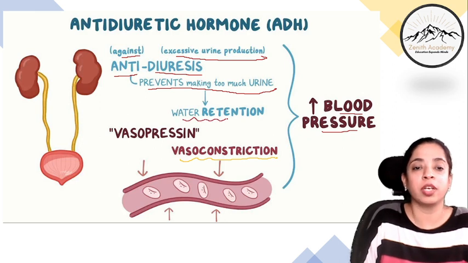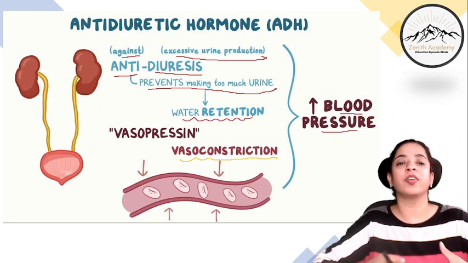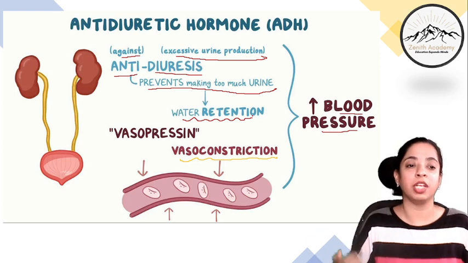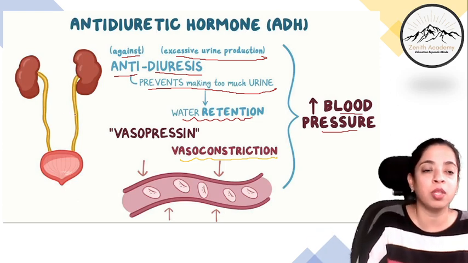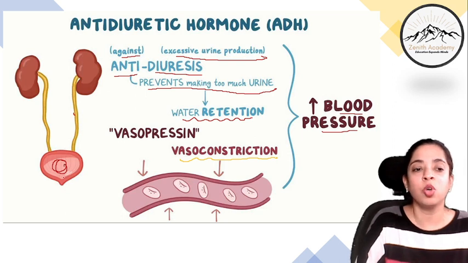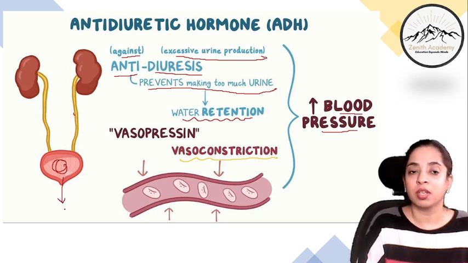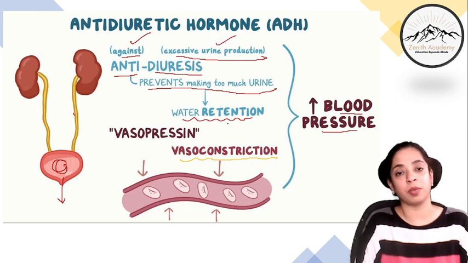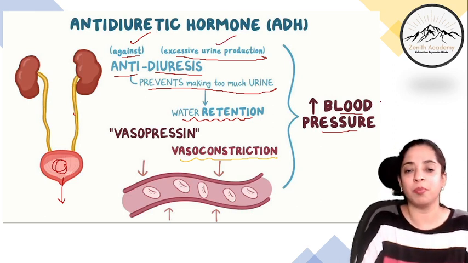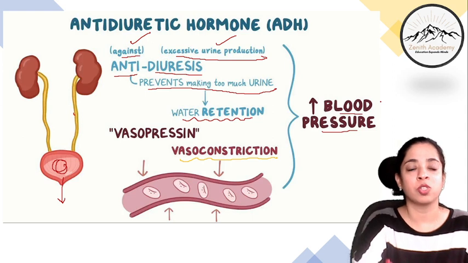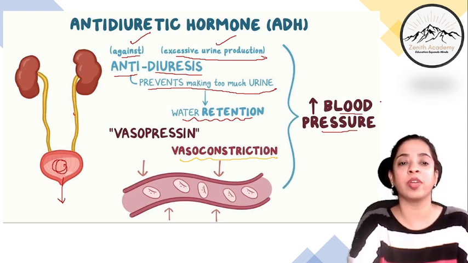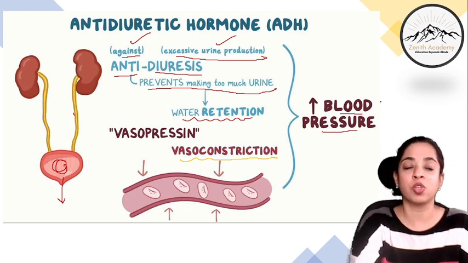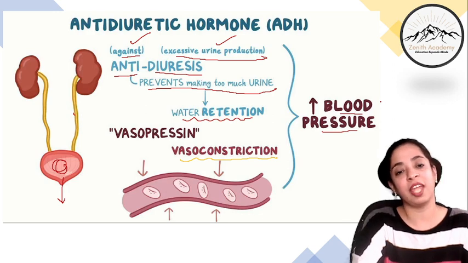That is water retention. So it reabsorbs the water from the kidney tubules. When it is reabsorbing the water from the kidney tubules, less water is here, so less urination. So it is against excessive urine production, and both of them lead to increase in blood pressure. Okay, children? So I hope antidiuretic hormone is very clear. Two functions, vasoconstriction and antidiuresis.